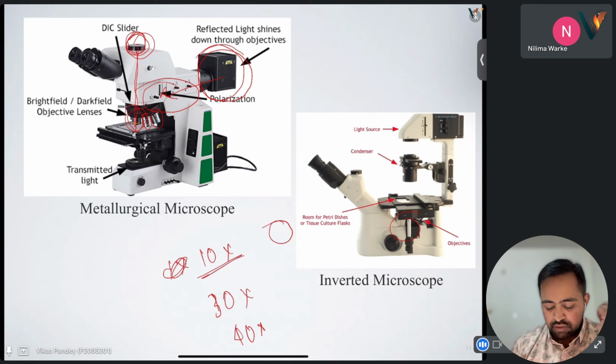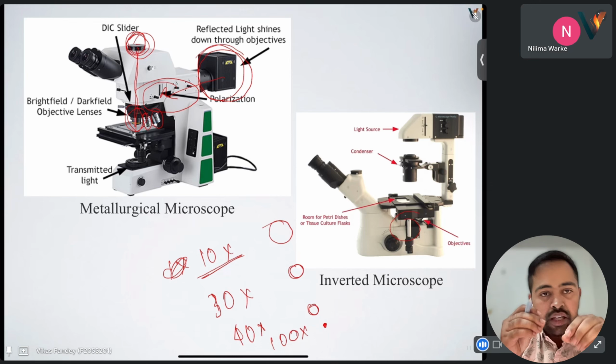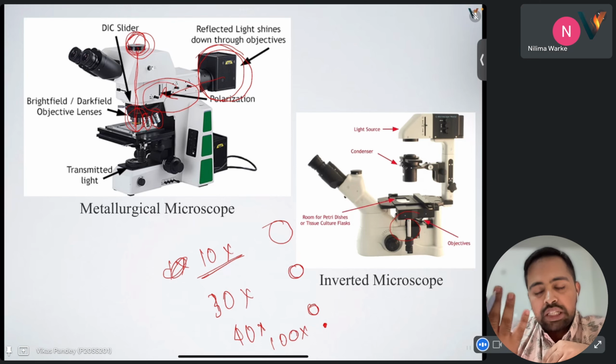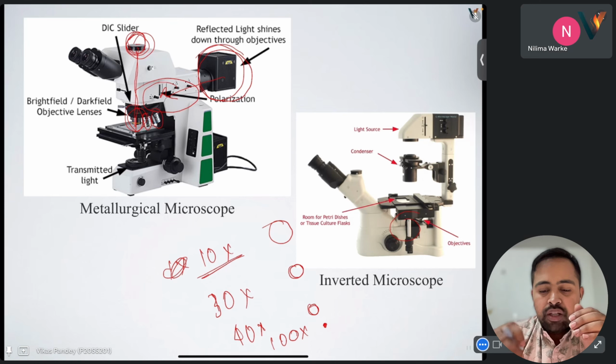In case of 30x, it will be smaller. 40x, it will be even smaller. 100x, it will be very small. The area that is visible through this lens system is the only area illuminated, very precisely, and we can see that.